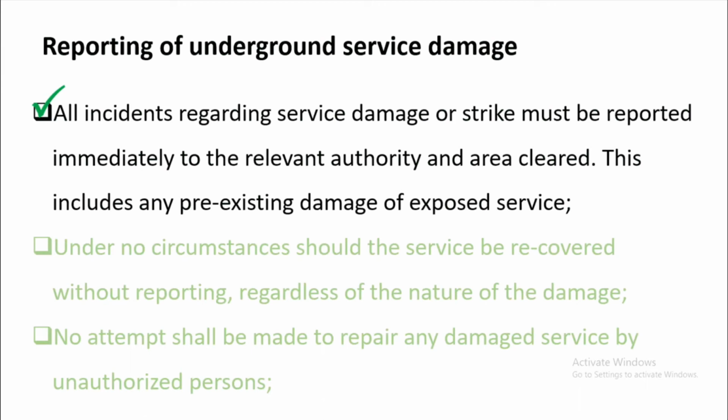When you are digging on ground where you suspect there are underground utilities, it is always better to inform and coordinate with the relevant authority before you start the job, to make sure that you have a contact with them in case of emergency.